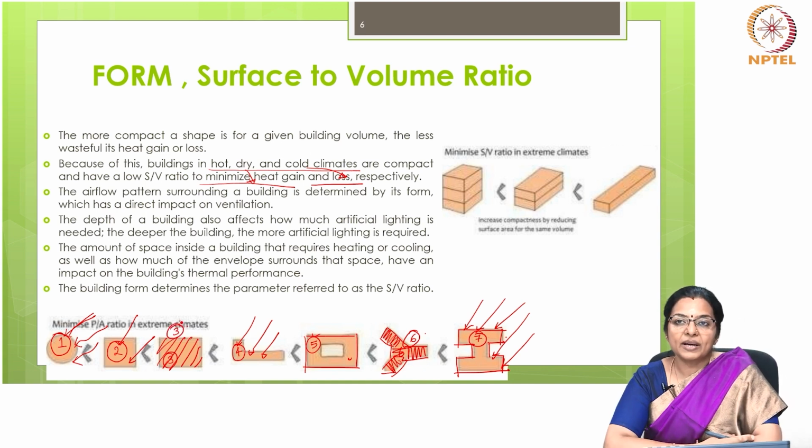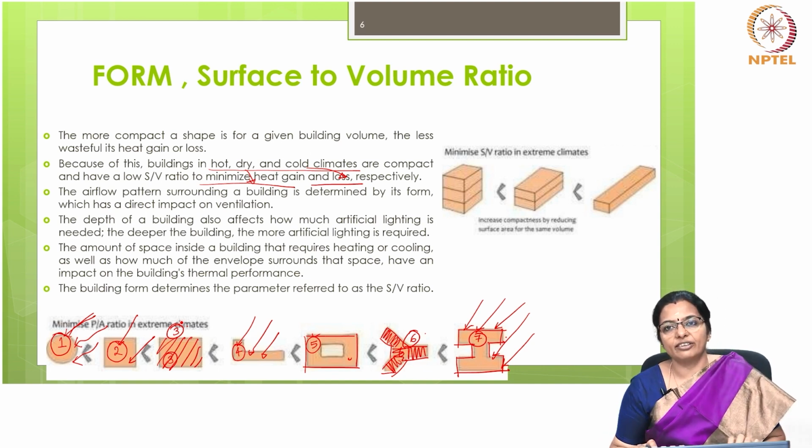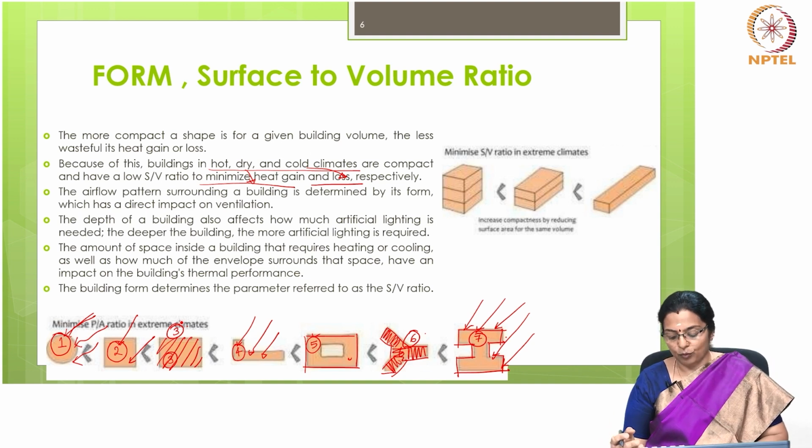The amount of space inside a building that requires heating or cooling, as well as how much of the envelope surrounds that space, has an impact on the building's thermal performance. So, the building form determines the perimeter, and this is largely defined by the surface to volume ratio.